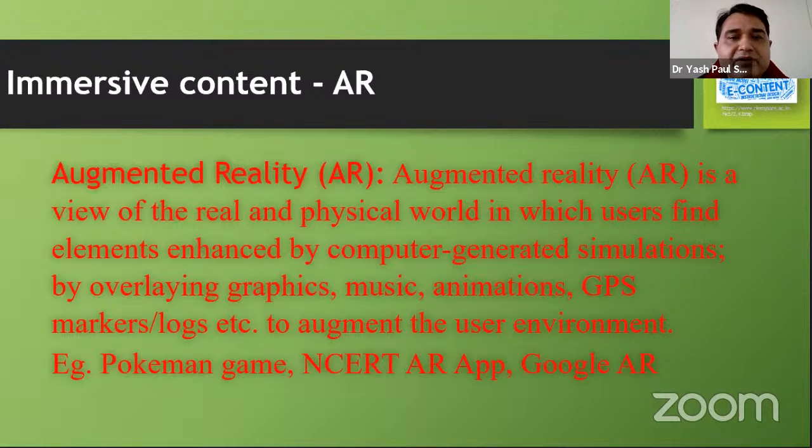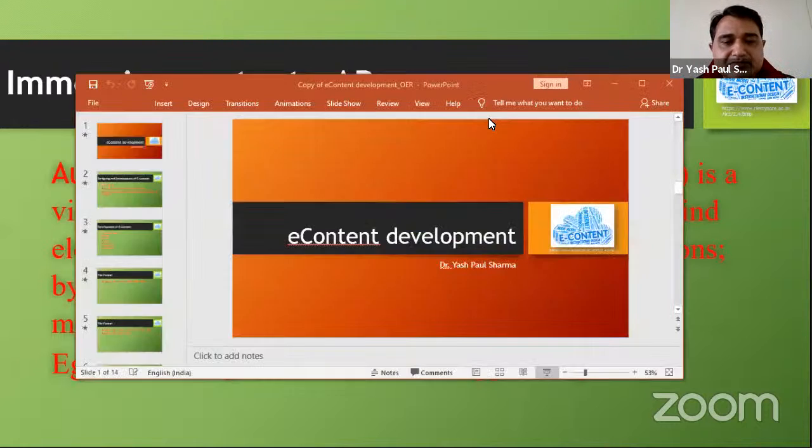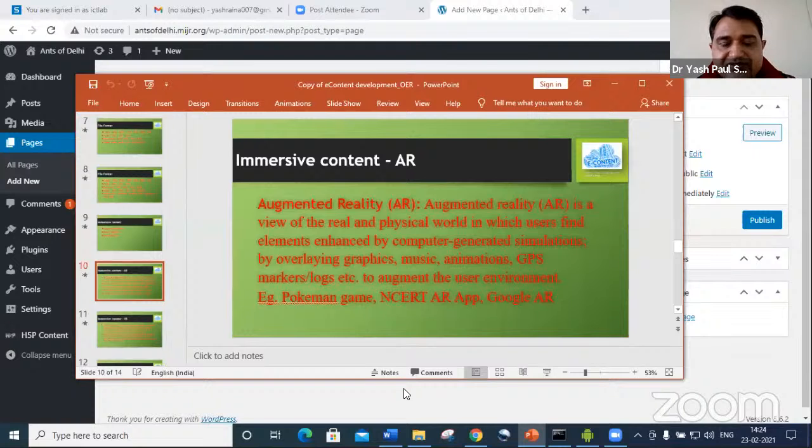So if you have a camera in the mobile phone, definitely it will work there. If you have an iPad, a tab, even a laptop, they will work perfectly fine. This type of content we call augmented reality content. So let's have a glimpse of that content.